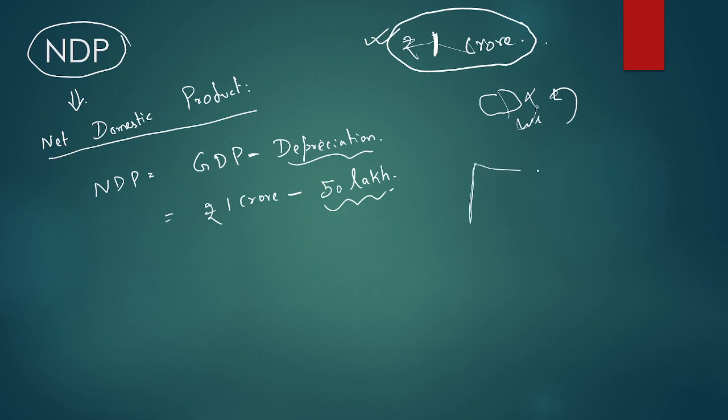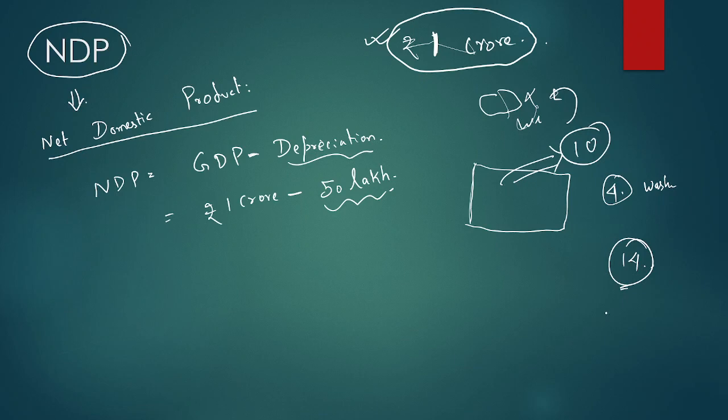Suppose there is a showroom of many washing machines. Suppose there are 10 washing machines, and 4 washing machines you have to replace. So actually you are bearing the cost of 14 washing machines. What is the net? It's 10. Fine. So if you have to tell this in numbers, NDP is 10, GDP is 14, depreciation is 4.